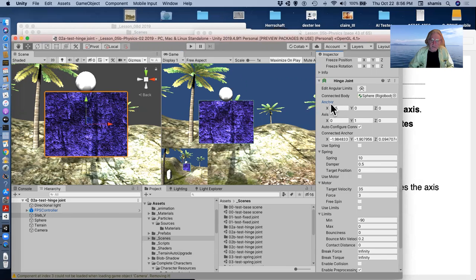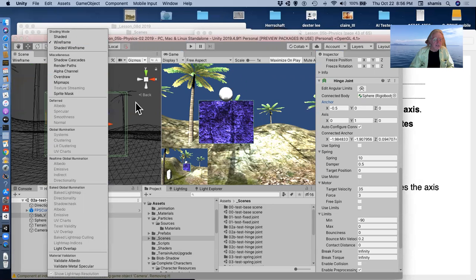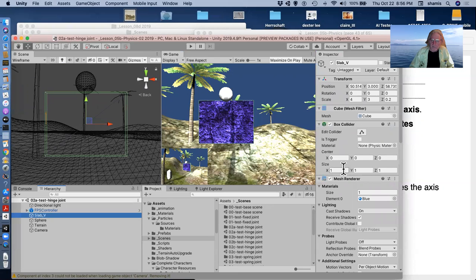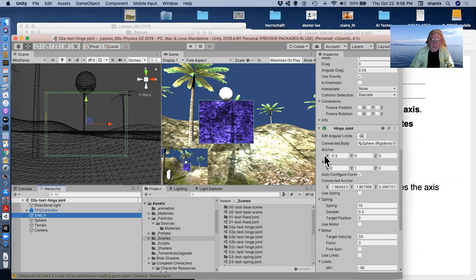Now, the hinge joint is a little more complicated in that it has this anchor. And it's best to go into wireframe here if we can see the object. The anchor is set to minus 0.5 in the x direction.